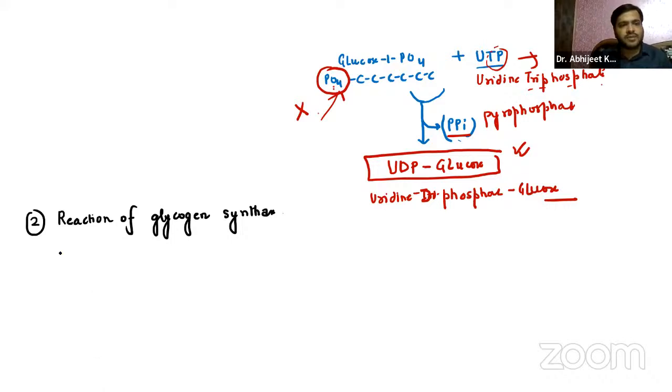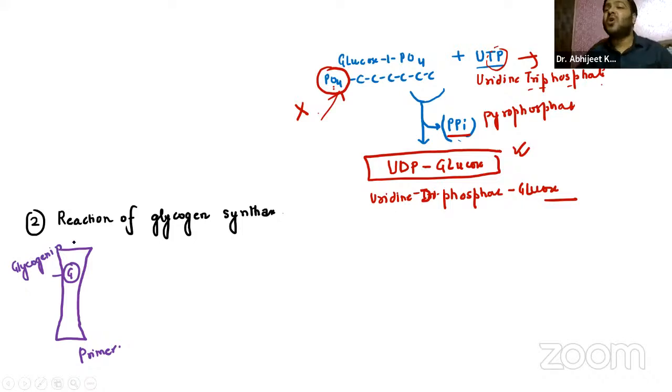Let us draw that primer over here. This primer contains one protein that is called glycogenin. This glycogenin is a polypeptide, a protein which is made up of lots of tyrosine residues, right?